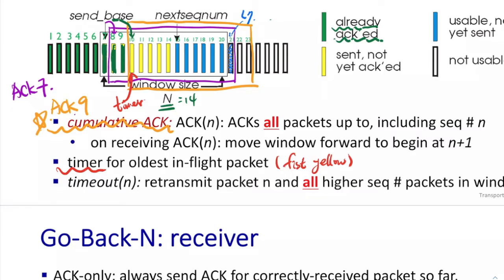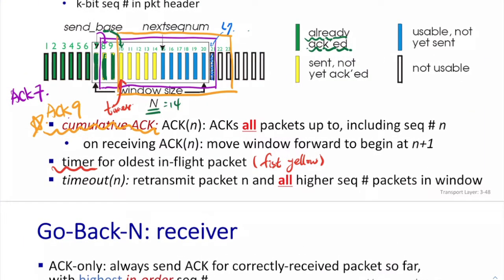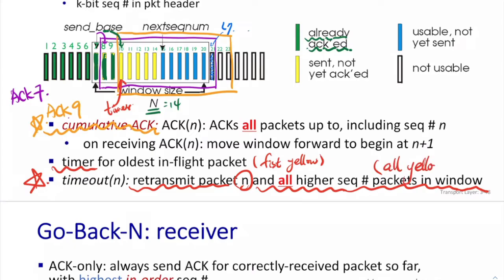You only need to set one timer, because there's an interesting thing right here. If this oldest timer times out, then we retransmit packet N and all higher sequence packets in the window. In other words, that means all yellow packets. If the timer for number 10 times out, then in this case we will send packets 10, 11, 12, 13, and 14.